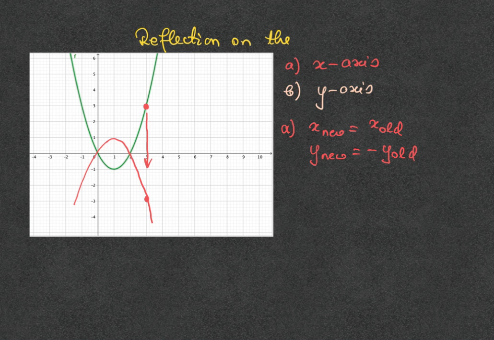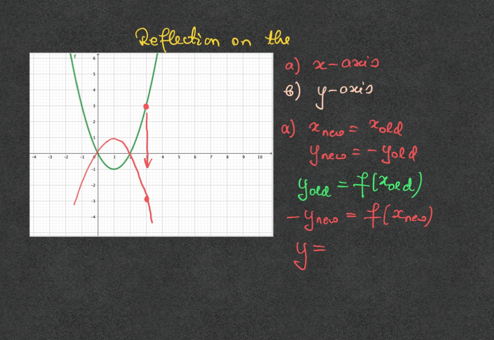Therefore, if your green function is y old equals f of x old, whatever the function is, your new function will be minus y new equals f of x, since x old is the same as x new. So your function will be y equals minus f of x. And this represents a reflection on the x-axis.